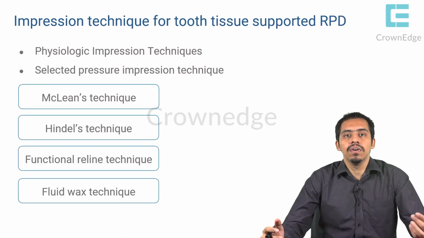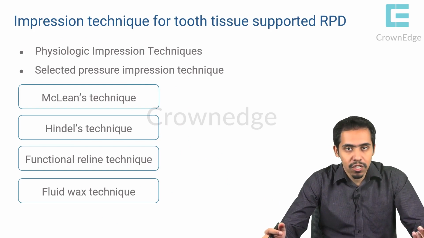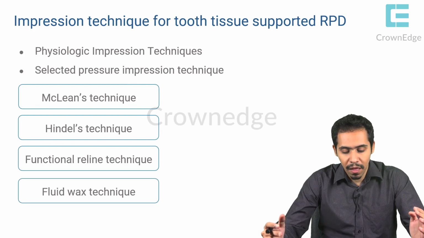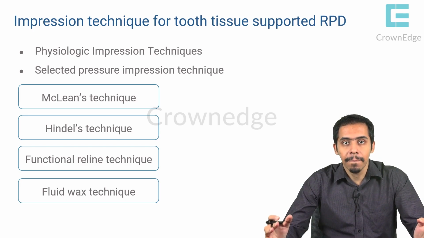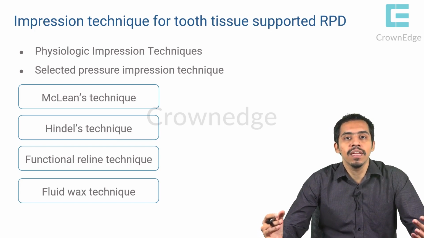So like I told earlier, the impressions depend upon the type of material used, the technique of taking the impressions, along with the trays that we use. Now, ideally, there are two types of impression techniques that we employ in everyday practice. The first one is a physiological impression technique.